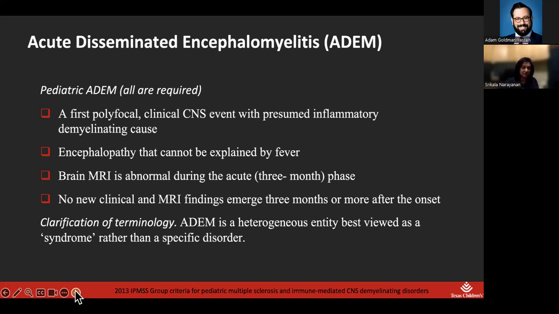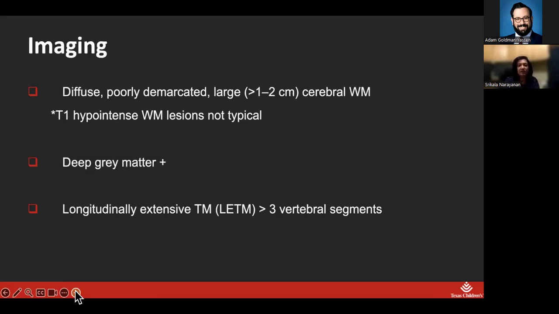On imaging, there can be diffuse, poorly demarcated, pretty large, fluffy-looking cerebral white matter changes. T1 hyperintense lesions are not typical.